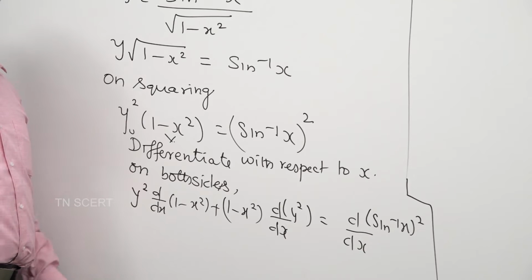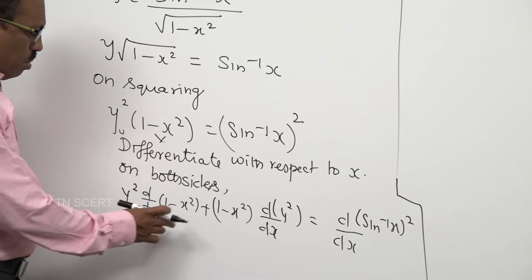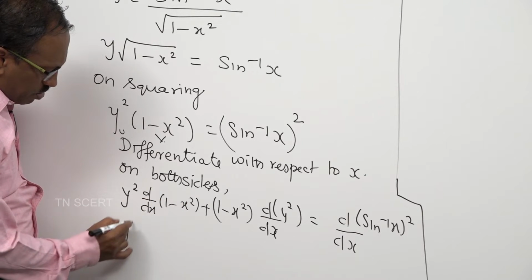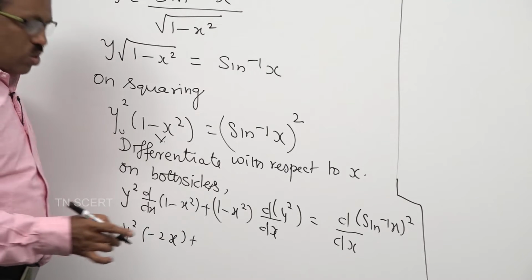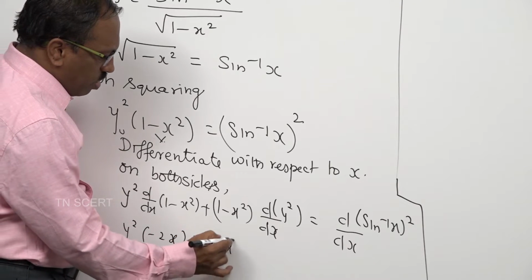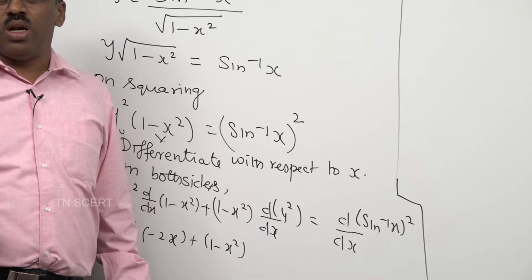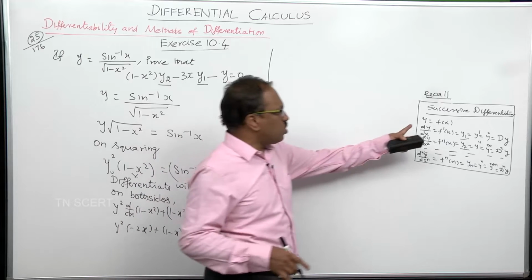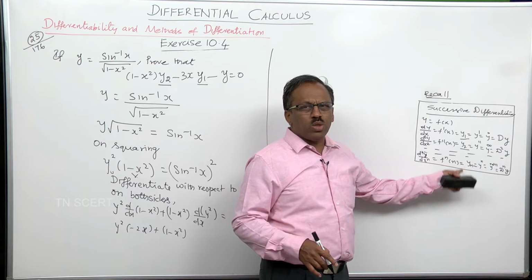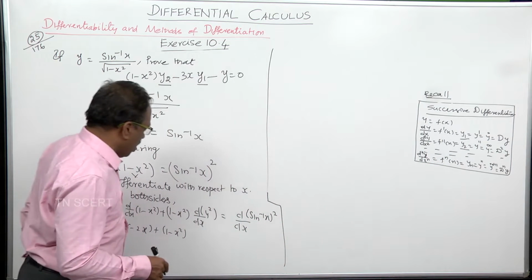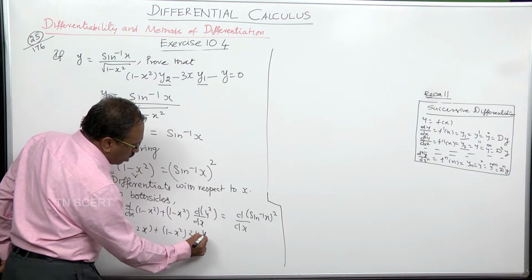Now, these are simple manipulations, simple calculations that you can do. 1 minus x square, what else? Minus 2x. Here 1 minus x square as it is, and y square differentiation. Y differentiation is y1. Remember that y is y1 and y1 is y2 and y2 is y3 like this. Here y square is 2y into y1.